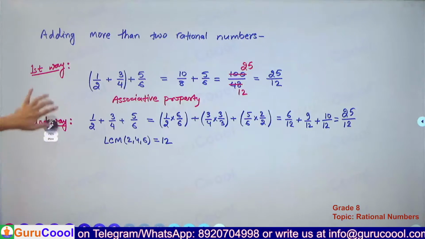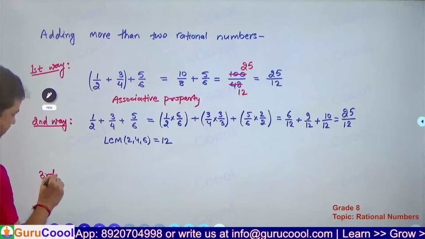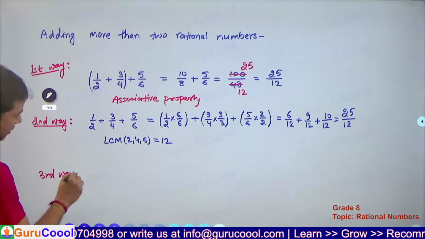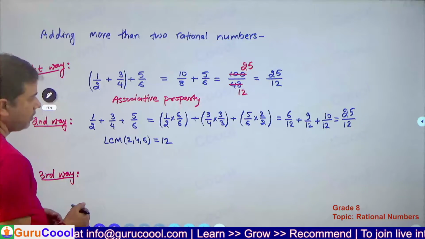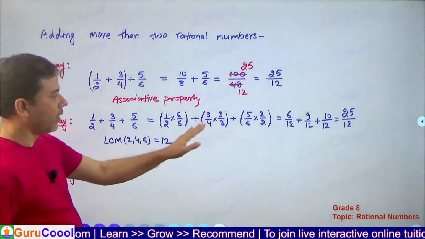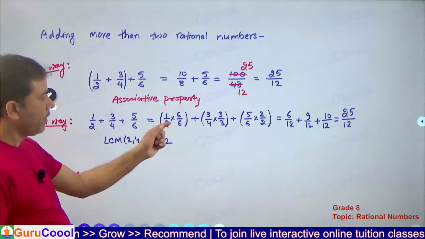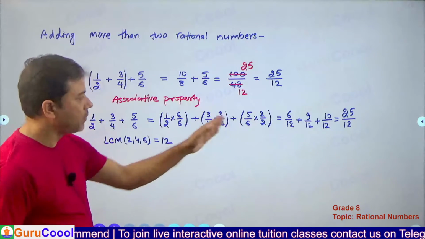The third way is some students do like this as well. You don't make their denominators separately equal. Here what we did, we made their denominators equal one by one in each part.